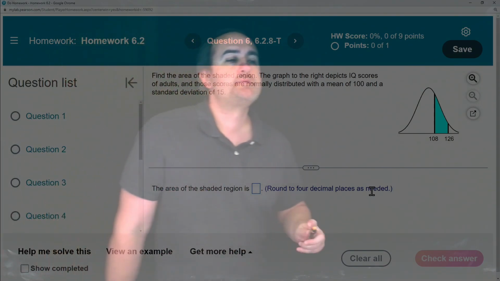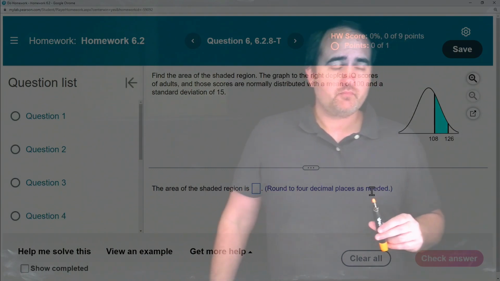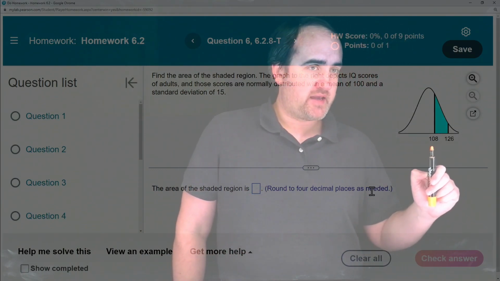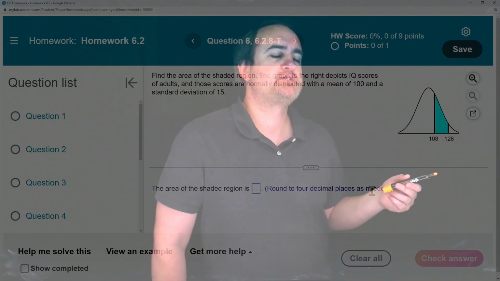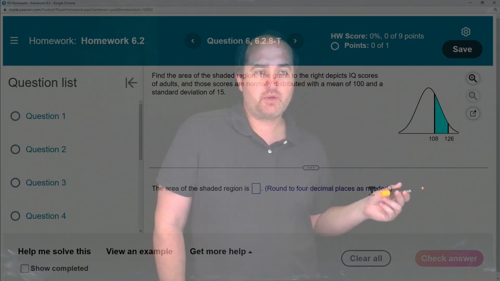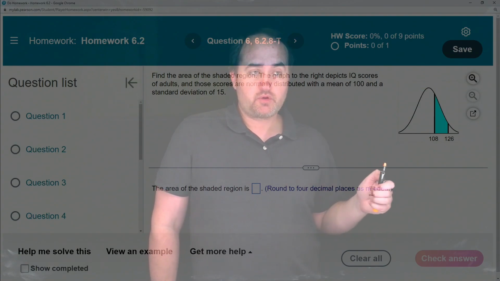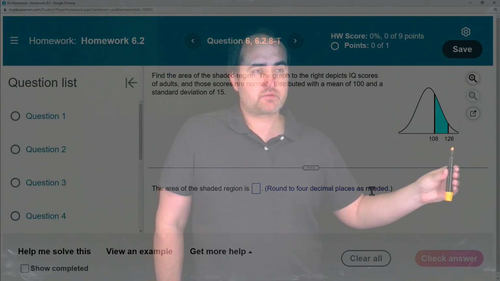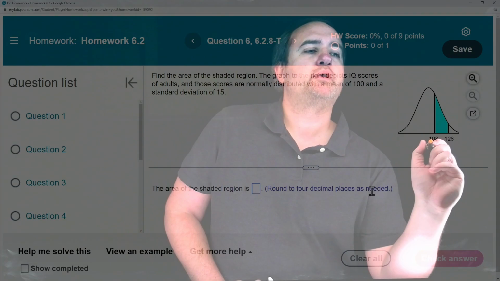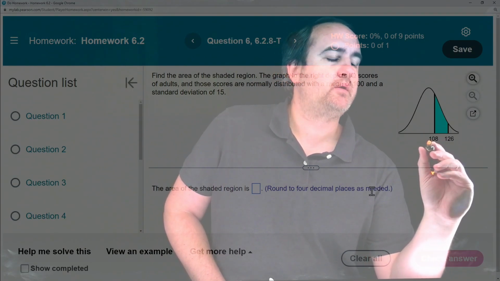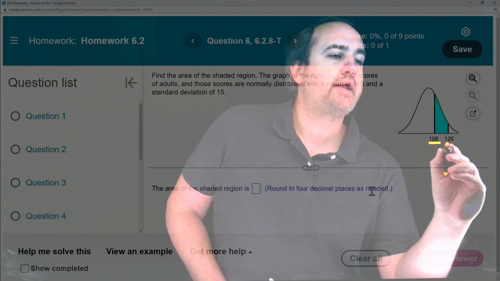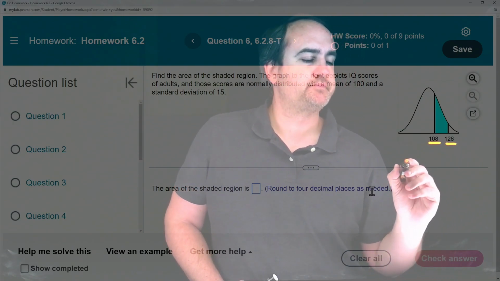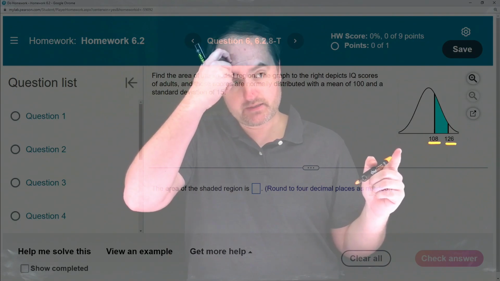There are actually two values of x here because we're doing the area in the middle. Just like in 6.1, when we were doing the area in the middle and we had two z-scores, here we have two x scores. So x is 108 or x is 126.